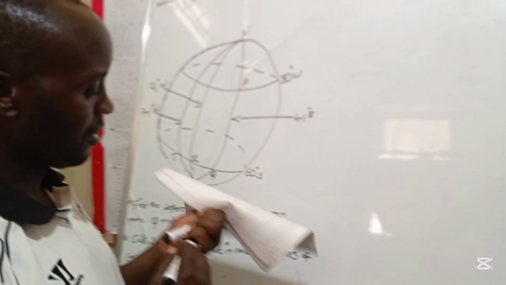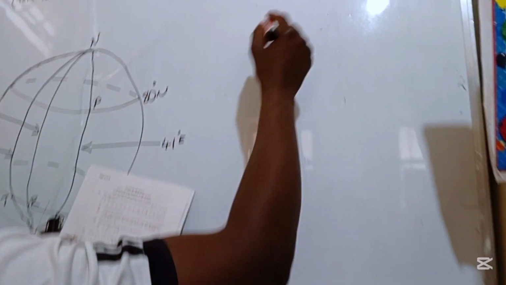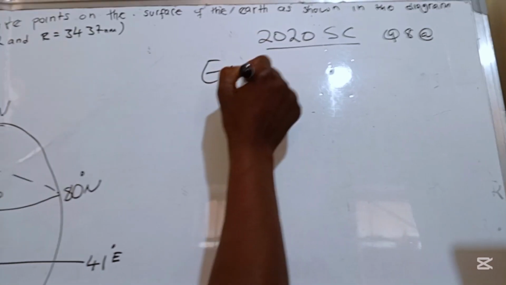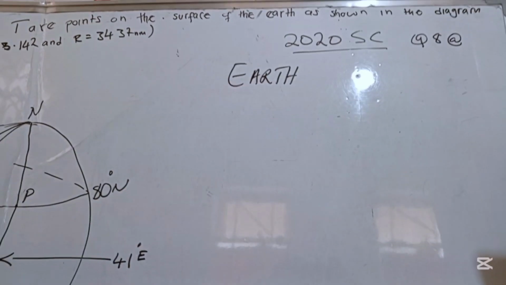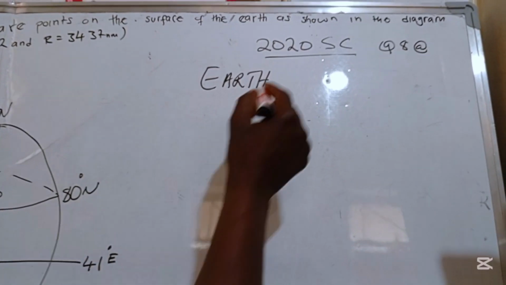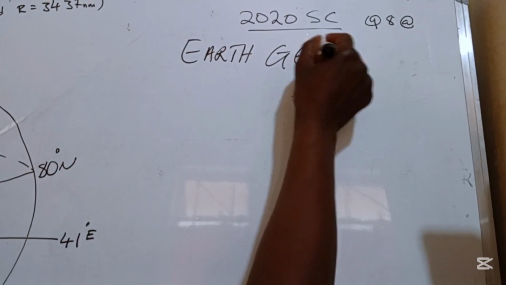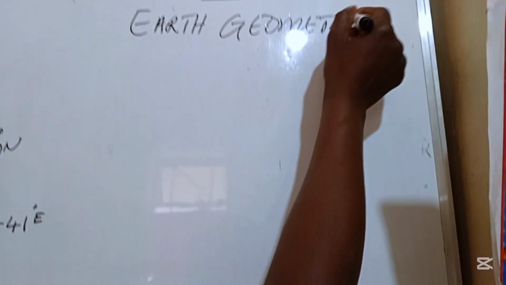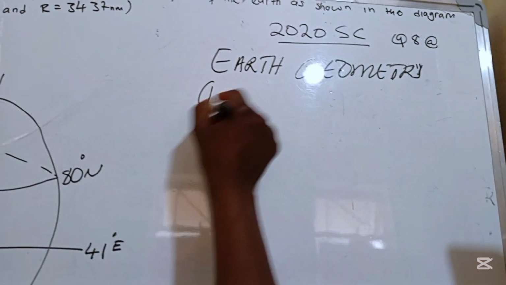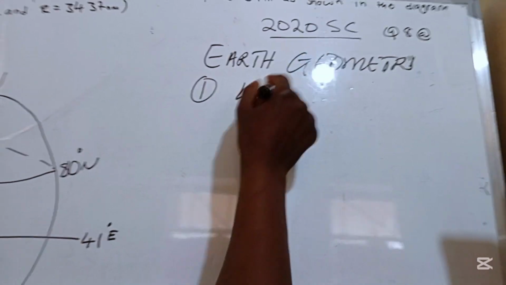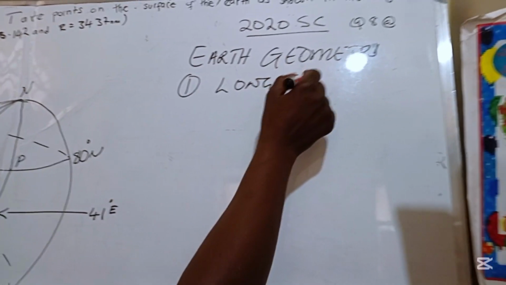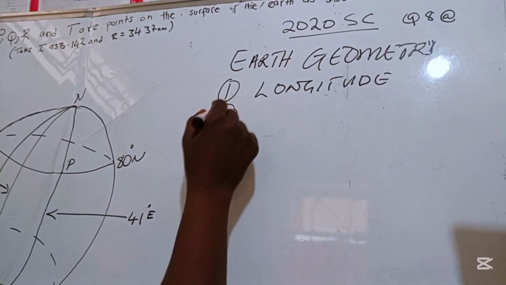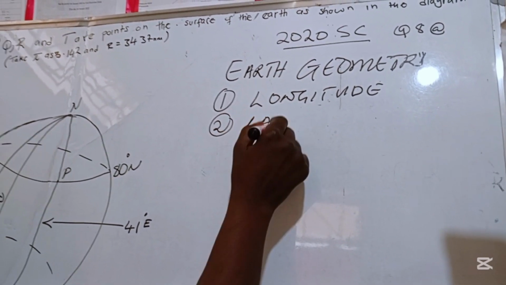Under earth geometry, before we answer the question on our board here, allow me to talk about what is basically needed to know before we start doing earth geometry. Number one, you have to establish what are the longitudes. As a candidate, you should know what is a longitude. You should also establish what is a latitude.